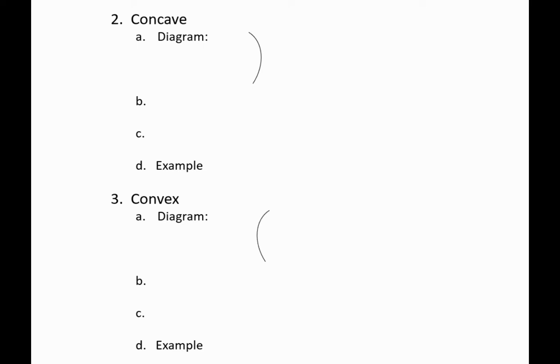Okay. So the concave one, and by the way, in all of these situations, the way you need to think about this is that the object or light source is coming from the left-hand side.